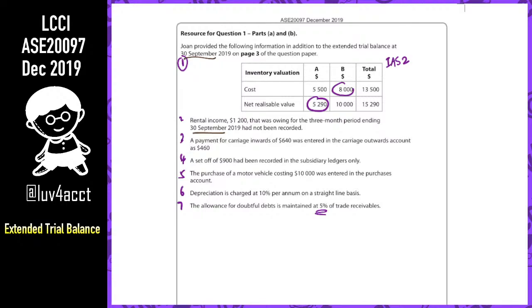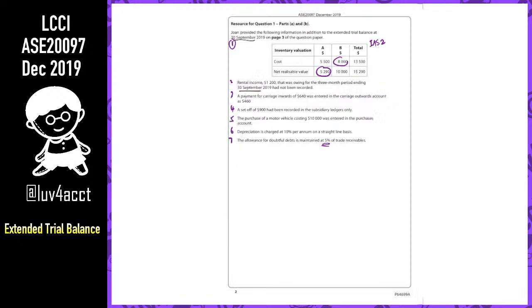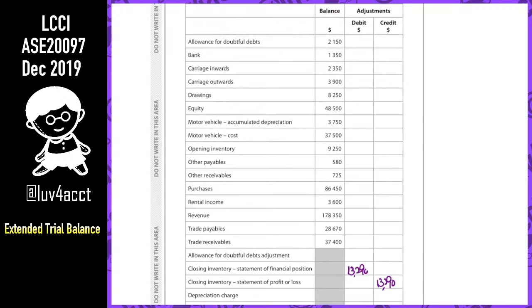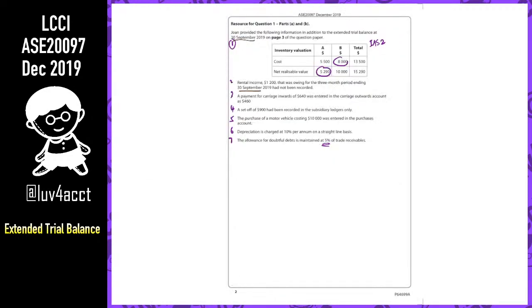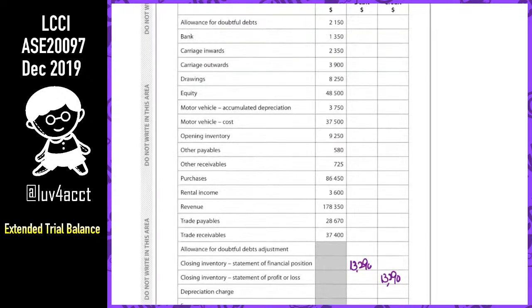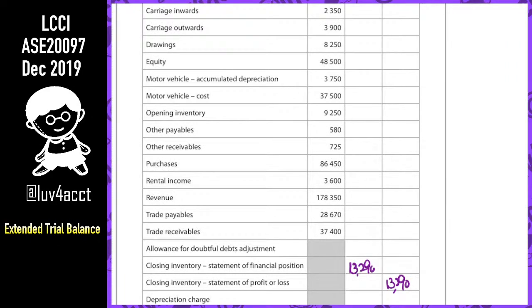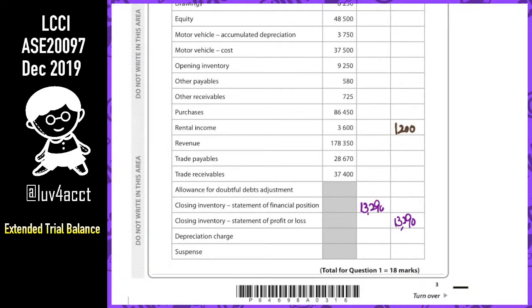If you are given October or November, then you have to calculate how much of that 1,200 was actually owed. But this time the total is 1,200. What is that? Rental income, owing. That means we should receive, but we haven't received yet, so it is receivable, and we add to our rental income 1,200, and it will become our other receivables, income in arrears.